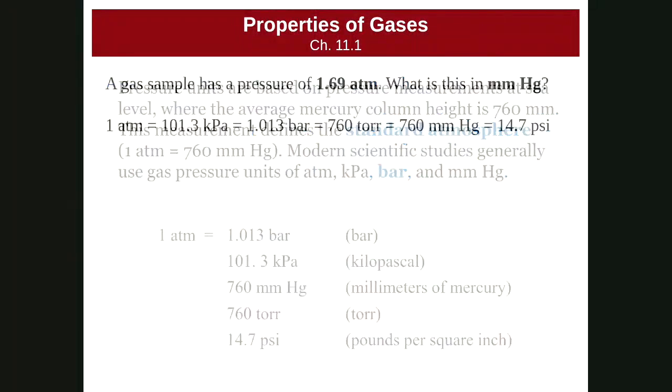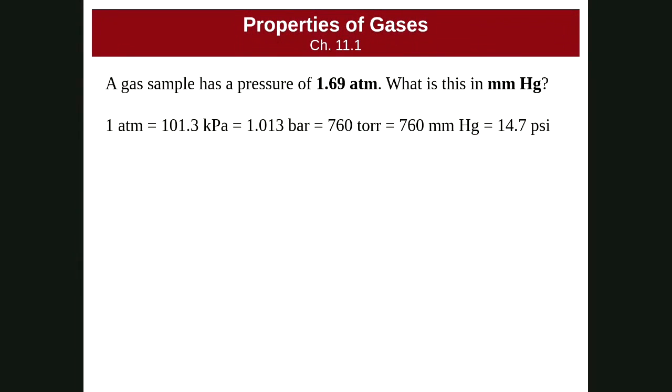So let's convert a gas sample pressure of 1.69 atmospheres into millimeters of mercury. So we have 1.69 atmospheres. And if we look at our conversion, 1 atmosphere is equal to 760 millimeters of mercury. So that gives us a conversion factor.